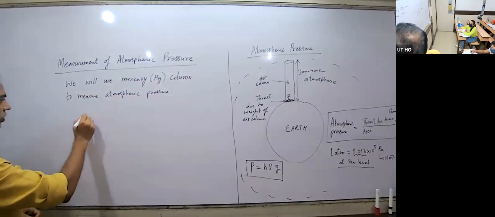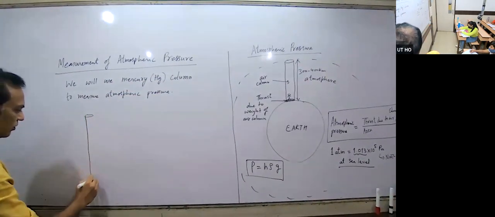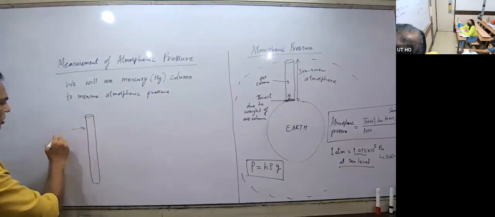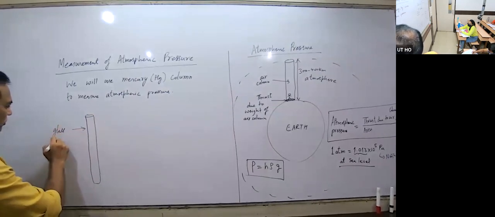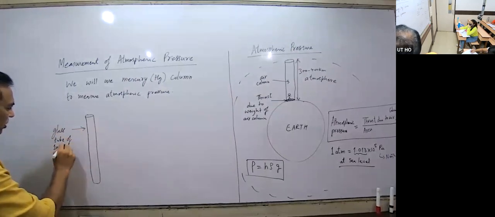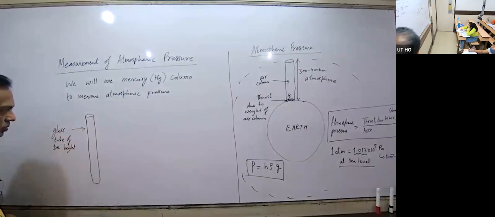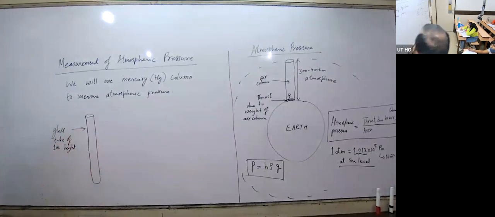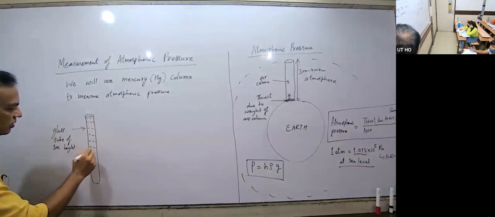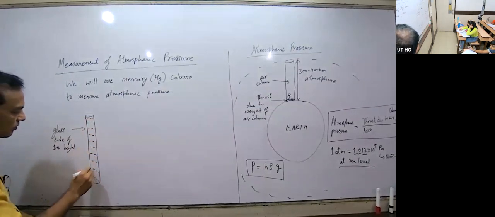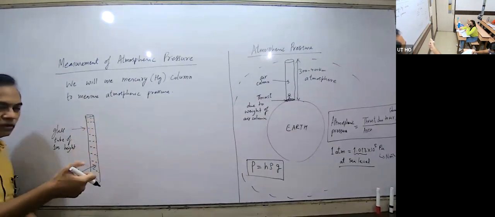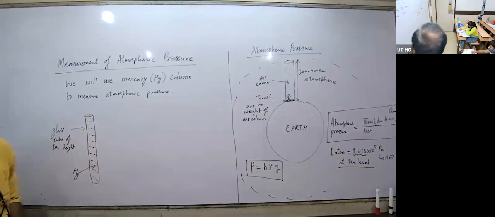We'll take a glass tube, roughly 1 meter long, or 1 meter in height. And we will fill it completely with mercury, till its brim. Okay, it is totally filled.